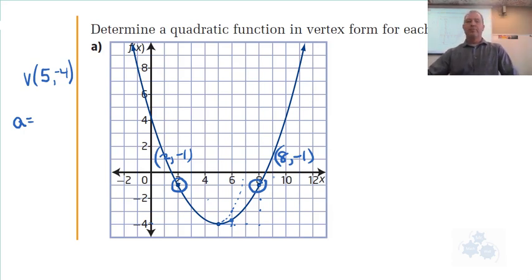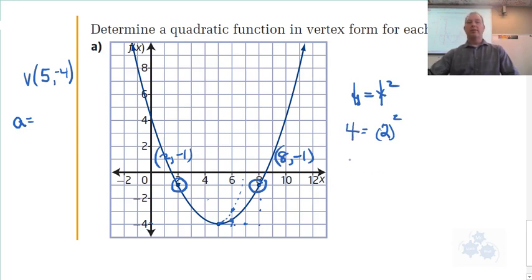So, boys, how far would we have to go up normally on a y equals x squared graph? Over 1, up 1. If we went over 2 units, how many units would we have to go up? 4.